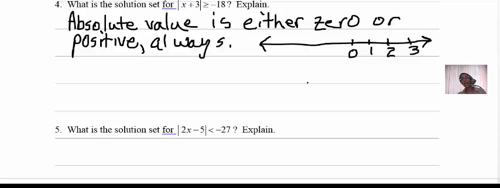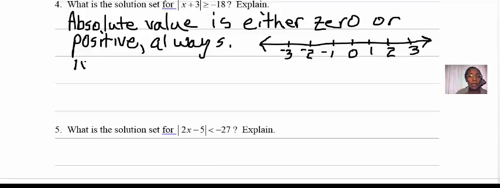And both 0 and the positive numbers are to the right of every negative number, which means 0 and any number that's positive is always bigger than a negative.